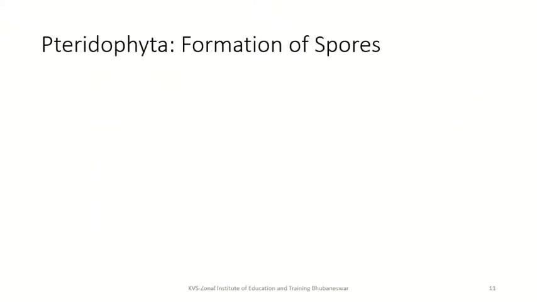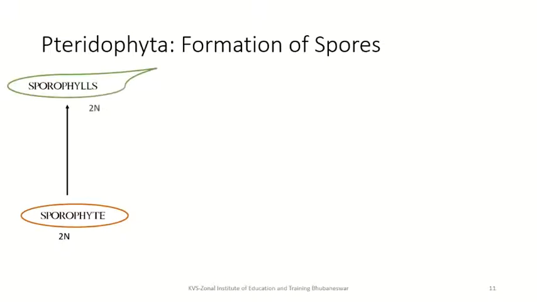Now the formation of spores. Let's start with the sporophyte, which is the dominant phase in the life cycle of a pteridophyte. It is diploid. The sporophyte will form sporophylls. These are leaf-like structures which bear spores.